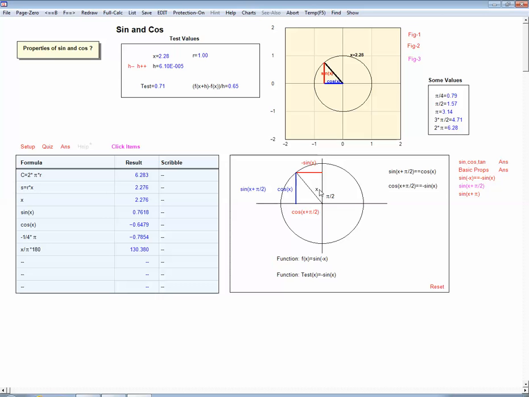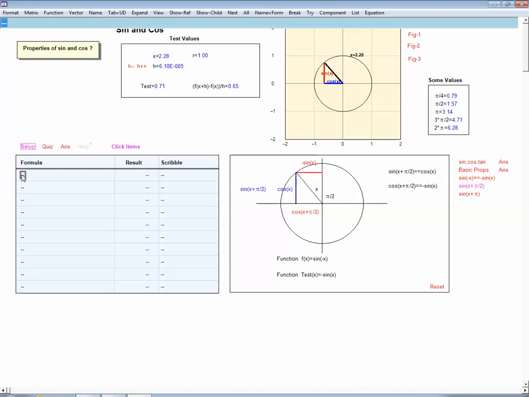And this side here, the side opposite the x, is the sine of x. So the magnitude of this and this down here, which is the cosine of x plus pi over 2, the magnitudes are the same, but if you said it's equal to just sine of x, that would be wrong.